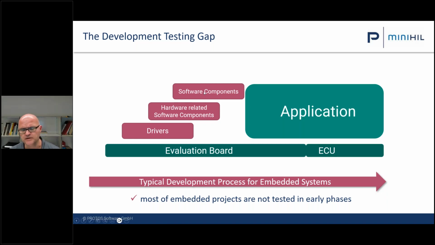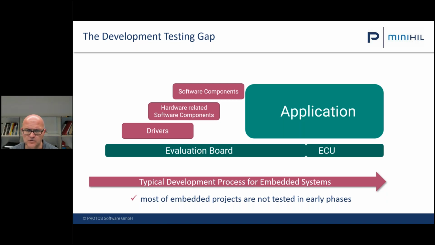And in the end, you place your software components, your application logic, on top of that, you integrate this into an application, and in the end, you go to the real hardware, to the real electronic control unit.